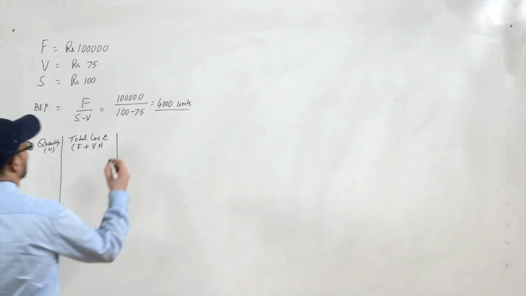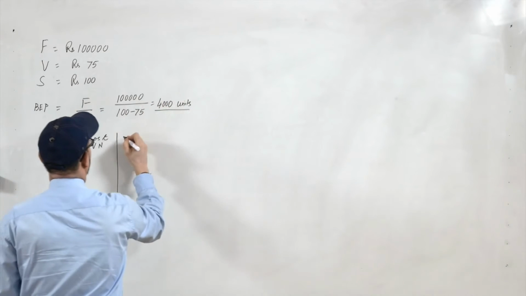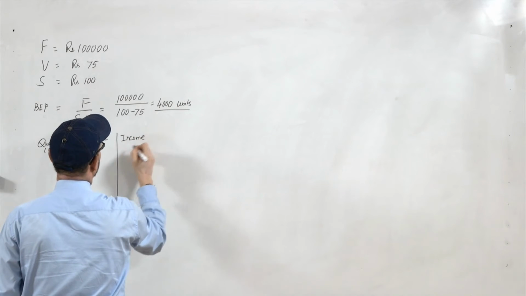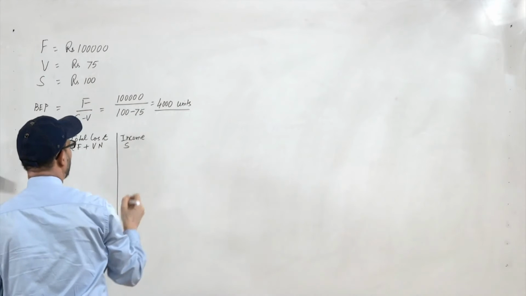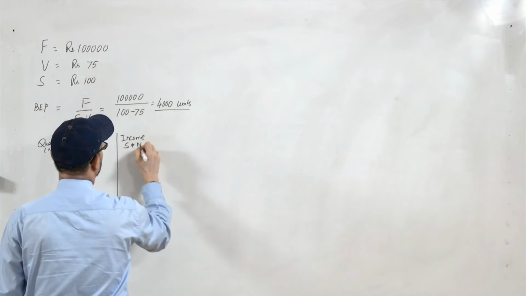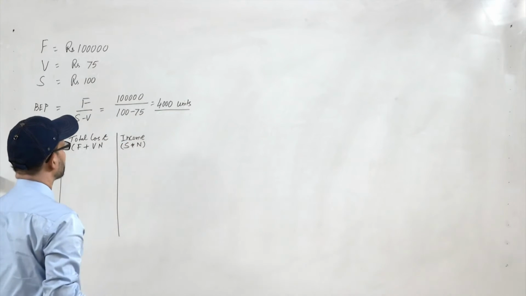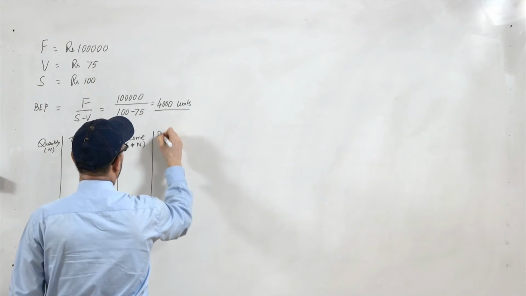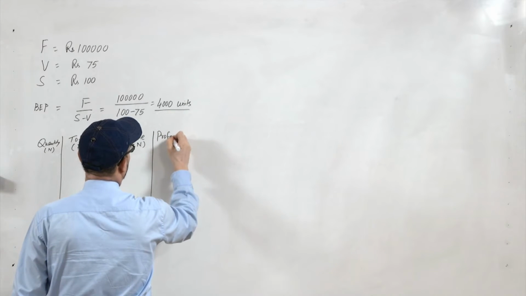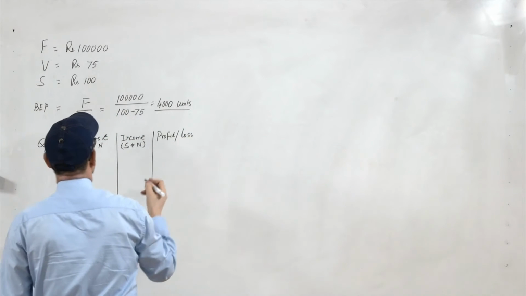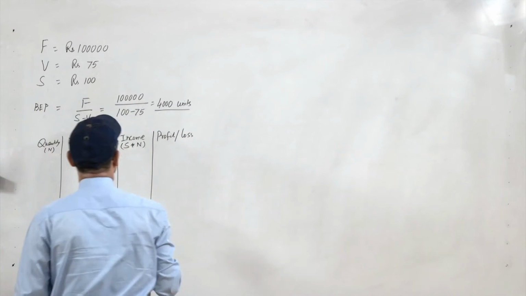Based on that you will have income. Income will be nothing but selling price per unit multiplied by number of units sold, and then we have the column for profit or loss, that will be income minus total cost.